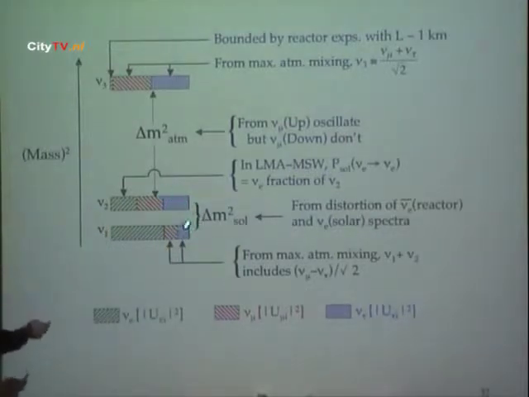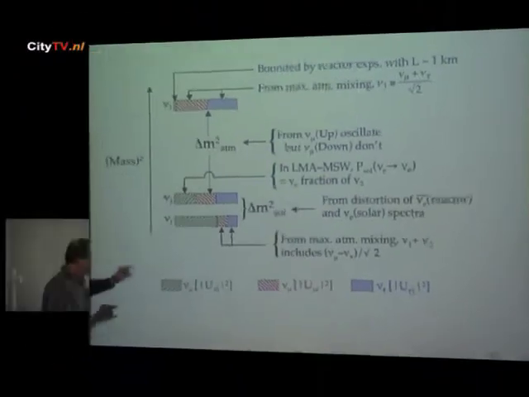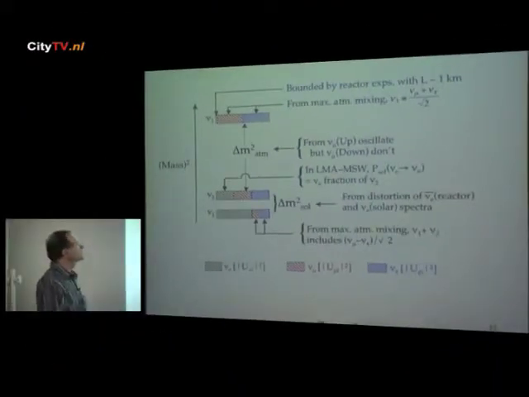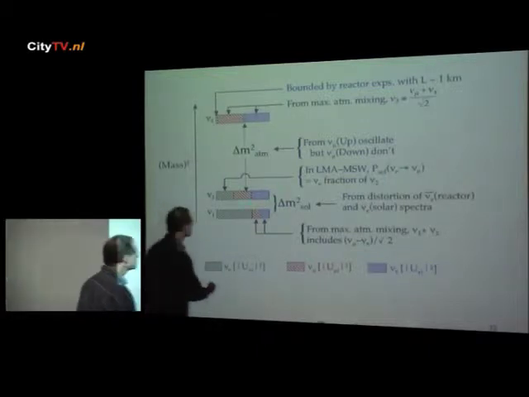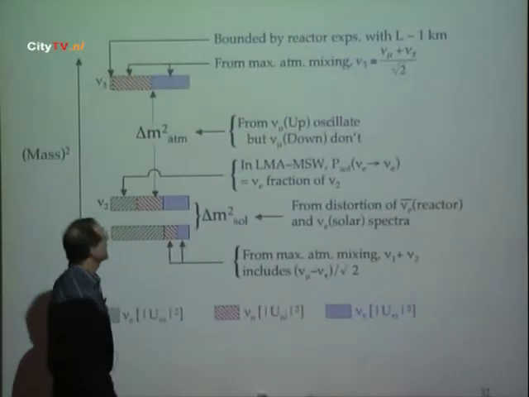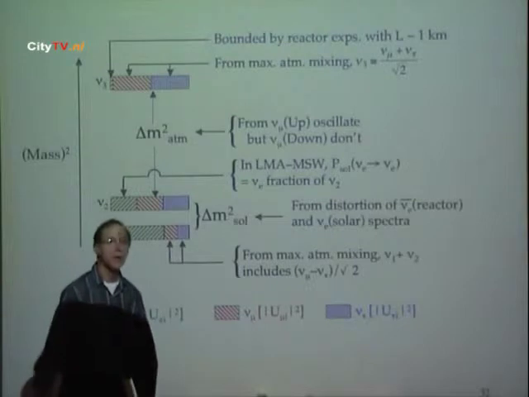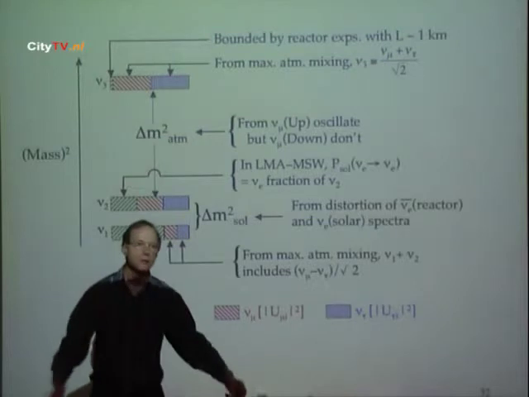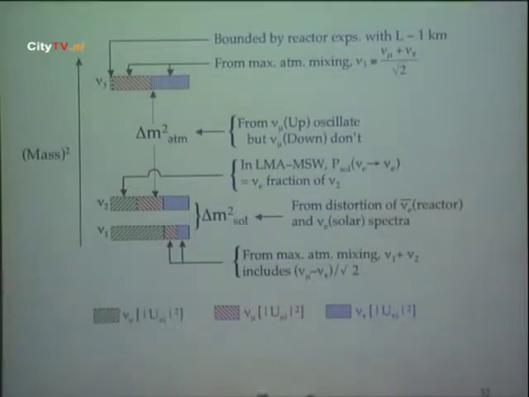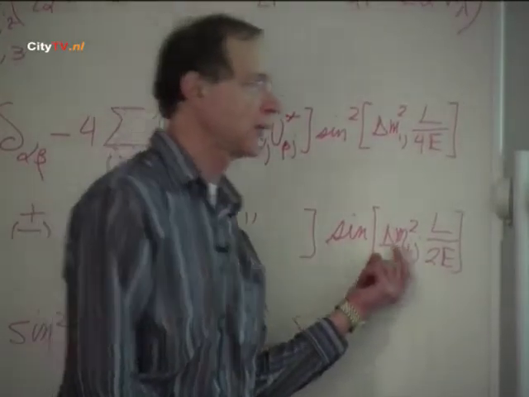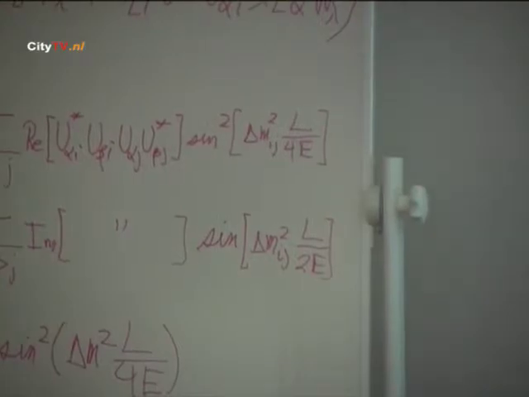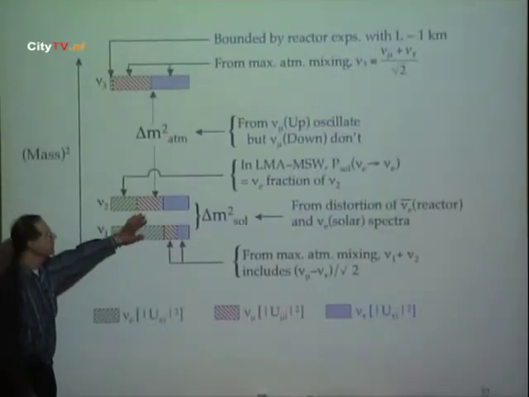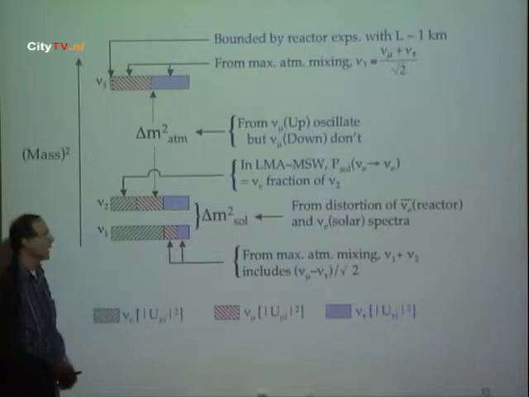Finally, the splitting between the two closely spaced neutrinos can be measured by solar and by reactor experiments. This is best measured by a reactor experiment which has its detector not 1 kilometer but 180 kilometers away from a whole bunch of reactors. So it is much bigger L, and hence it is sensitive to much smaller delta M squareds, and it is sensitive to this gap, and has given us a very nice, accurate measurement of that gap.